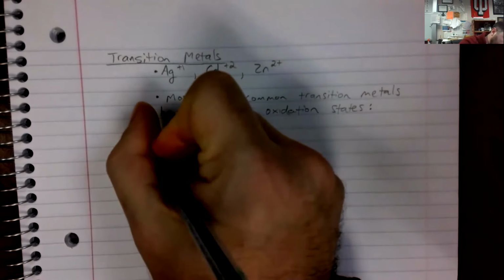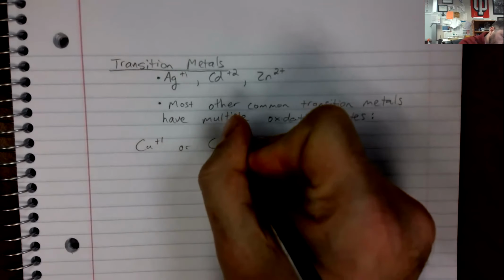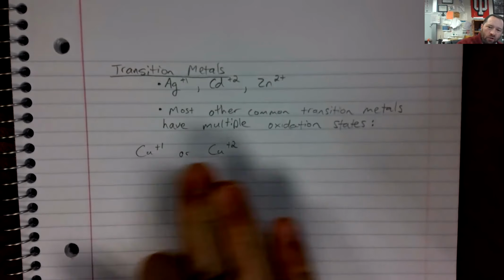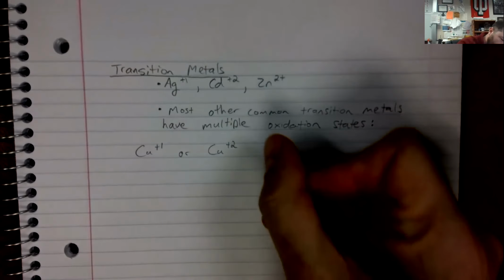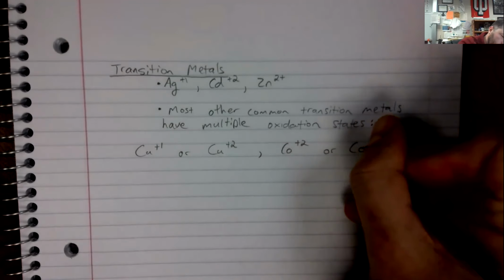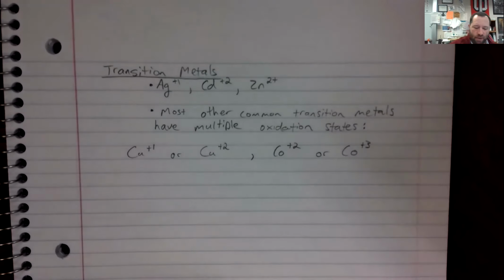For example, copper can be +1 or copper can be +2. So it has multiple oxidation states. Cobalt can be +2 or +3. So you have different ions for a lot of these transition metals.